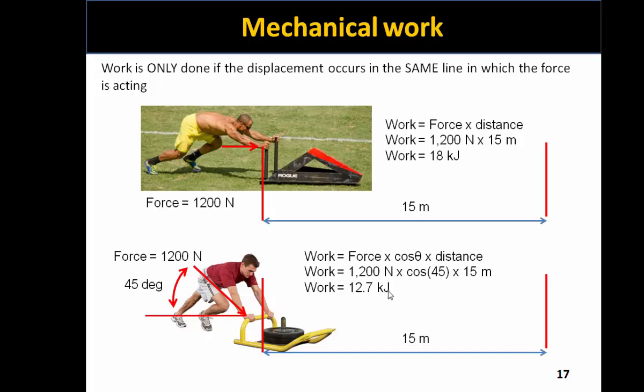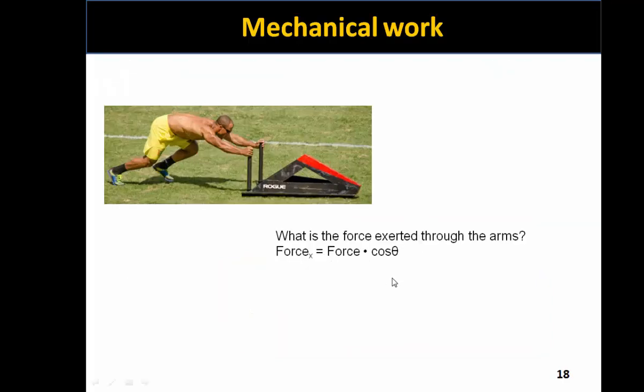So despite the fact that the amount of force coming through the arms is the same in both situations, this situation here actually necessitated less of a force to get the sled moving. Less of a force because the horizontal component was considerably less than 1200 newtons.